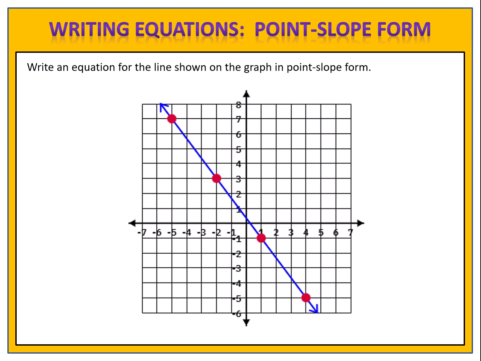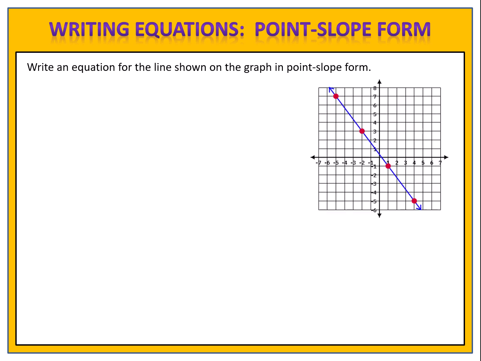Let's see how you did. Your equation is going to look different depending on which of the 4 points on the graph you chose. First, we identified the slope, m, as -4/3. Then, you identified one of the 4 red points.